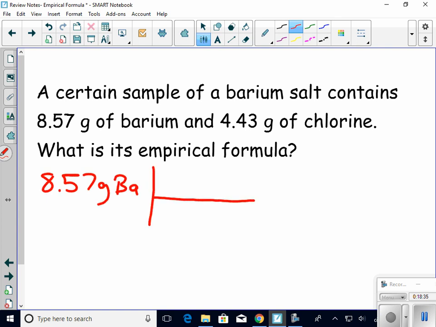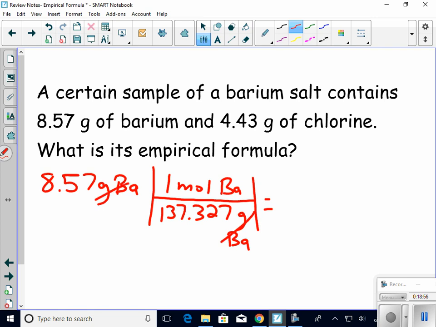I need to convert that into moles. Barium on my periodic table is 137.327. My grams cancel. It's going to leave me a value in moles.